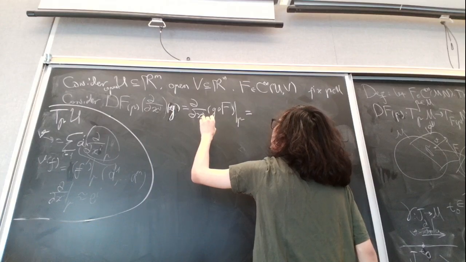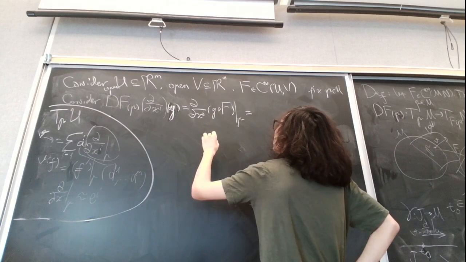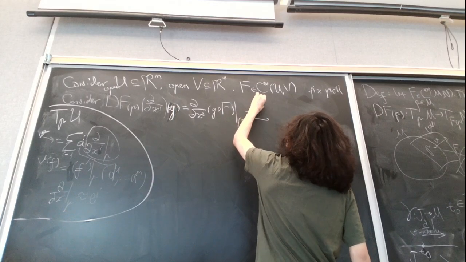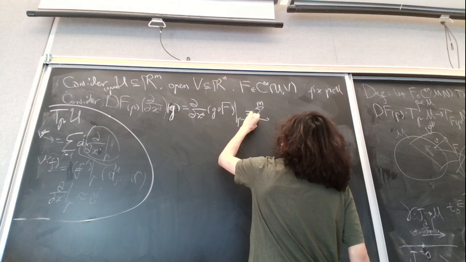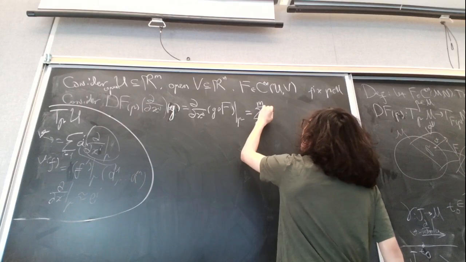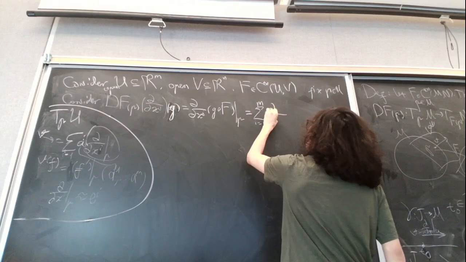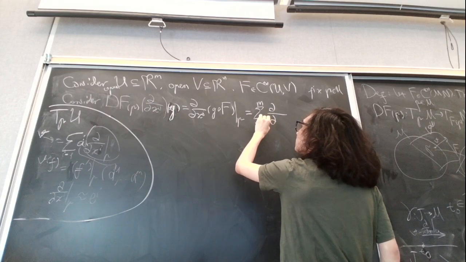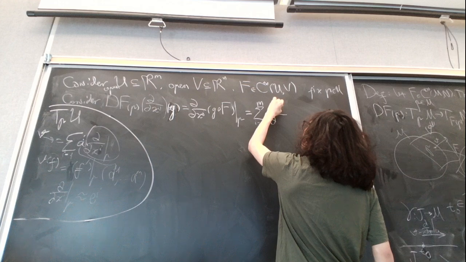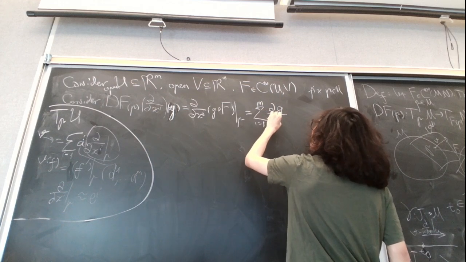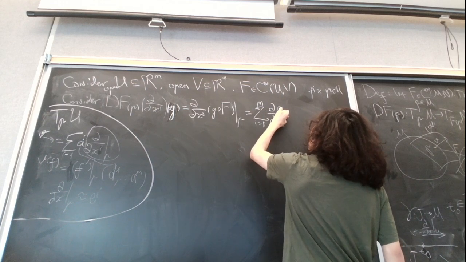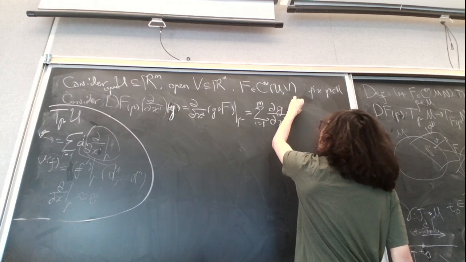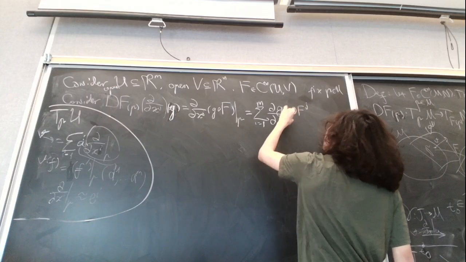And at this point, we do the chain rule. You do the chain rule, and then you get this. This is equal to the sum of, this is going to be, partial g partial xi times partial fj.